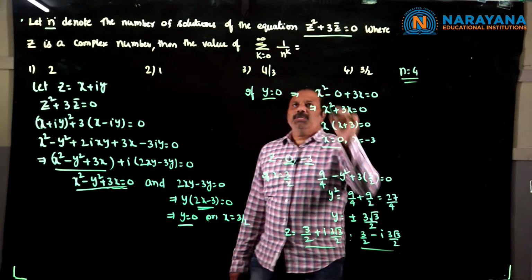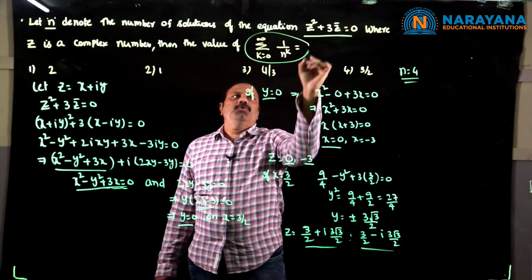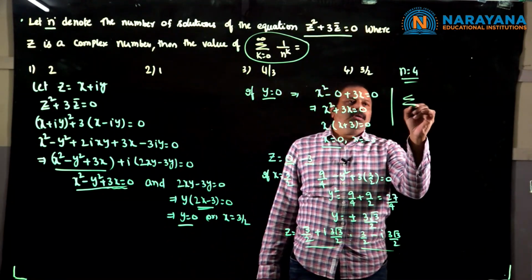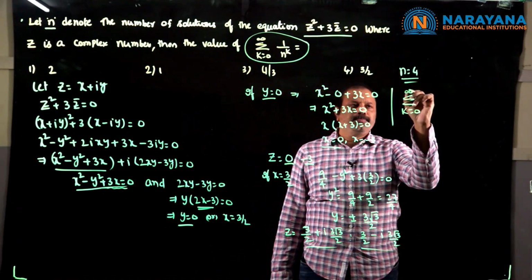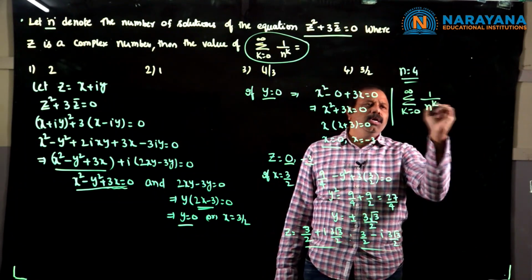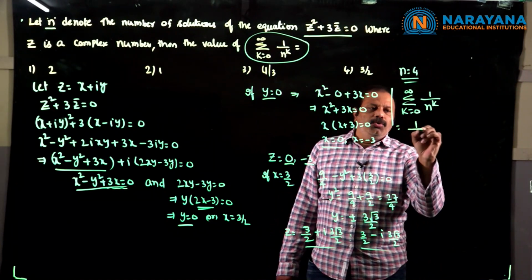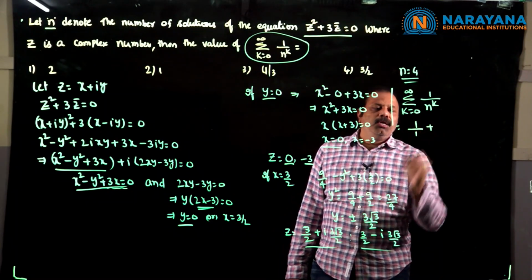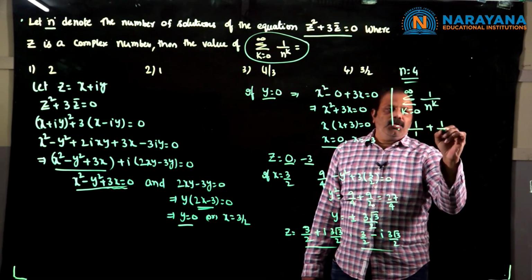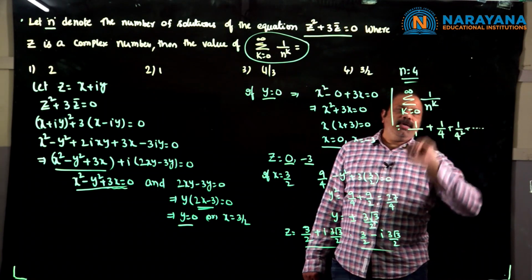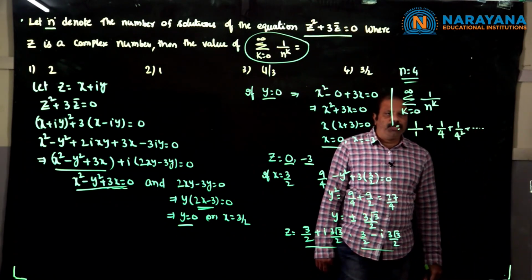But what he is asking is sigma k is equal to 0 to infinity 1 by n power k. That means 1 by 4 power 0 is 1, next 1 by 4 power 1 is 1 by 4, plus 1 by 4 squared, and so on. It is an infinite GP, geometric progression.